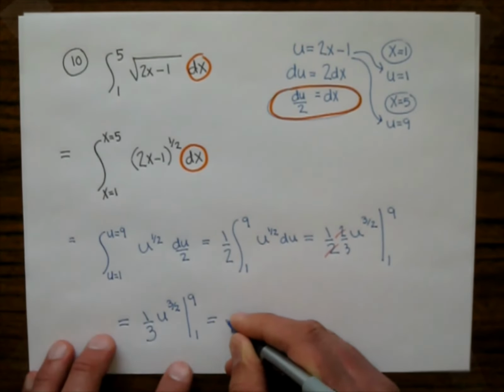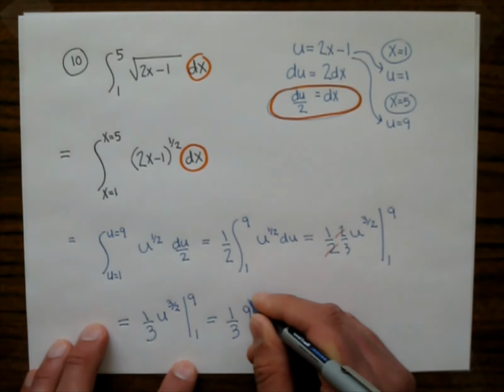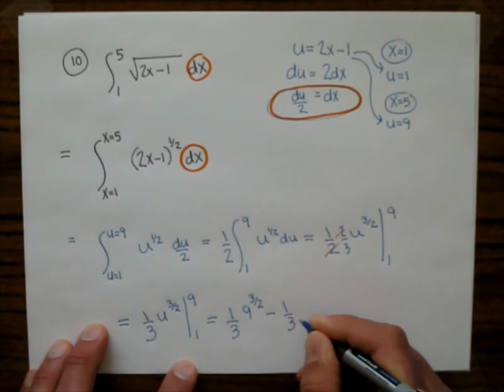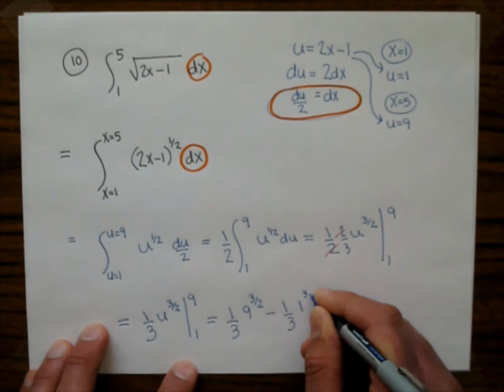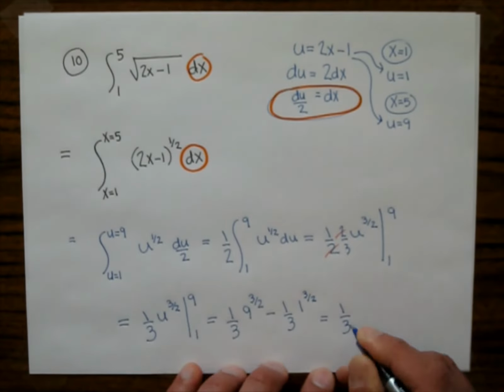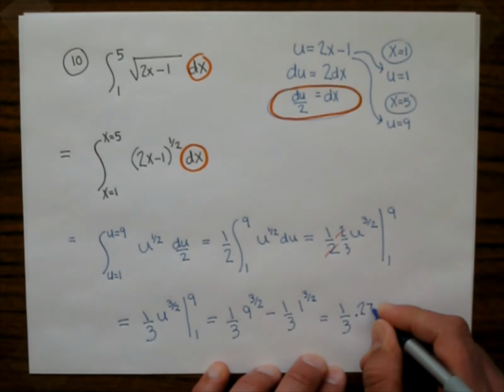So when I put 9 in there, doing the fundamental theorem of calculus, I have 9 to the 3/2, then minus 1/3 1 to the 3/2. Okay, so I have 1/3 times 9 to the 3/2. Well, this is really the square root of 9, which is 3, and then 3 cubed, which is 27.